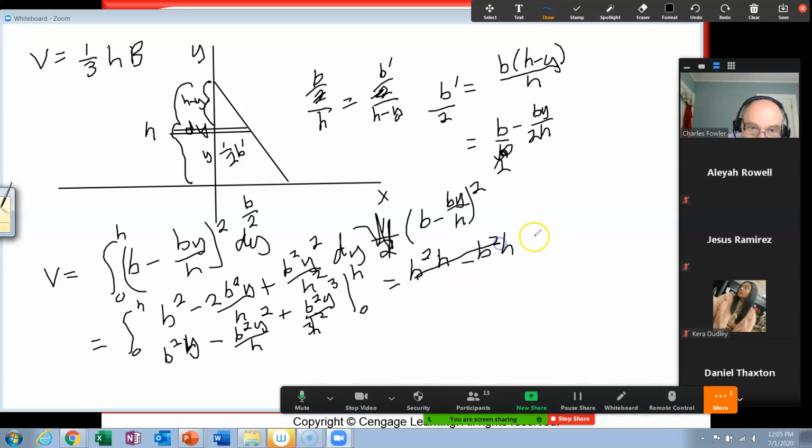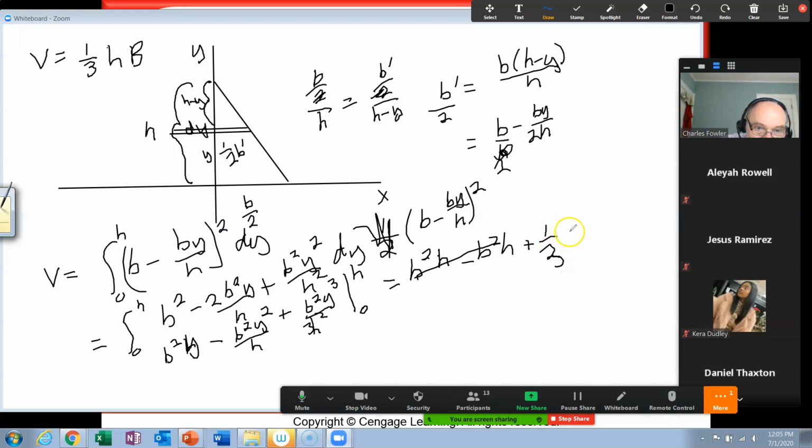Those add to 0. And then your last one is a plus, and you put an h in for y, and you get h cubed over h squared. Well, that's an h, but you have a b squared on top, so you have a 1/3. That's a 3.